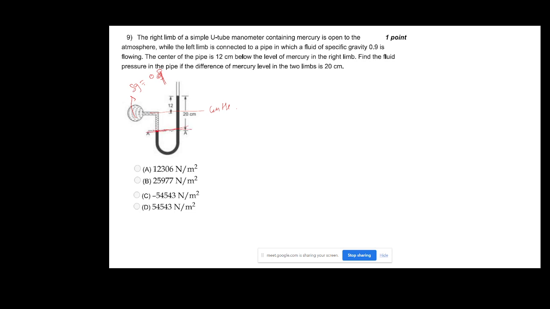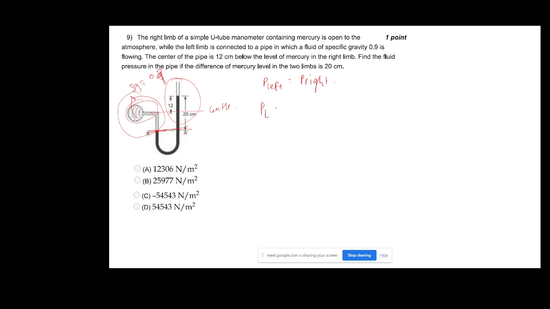So for calculation, we need to have a reference point. Let's say this A is taken as the reference point. And we need to check what is the pressure applied due to this and this on both the points, and we need to have equal pressure because it is at the same level. So pressure on left has to be equal to pressure on right. What will be the amount of pressure exerted on the left side? It will be due to this liquid also.